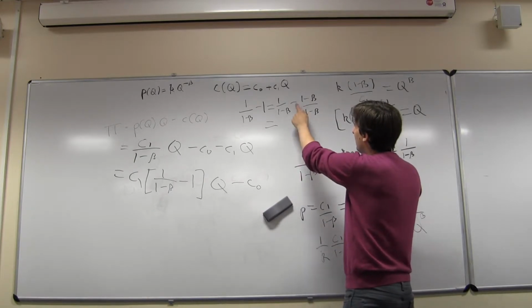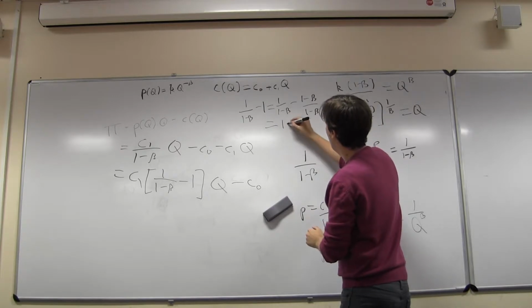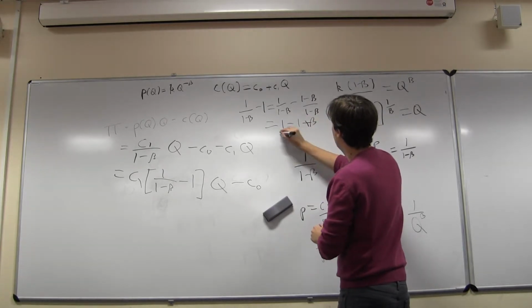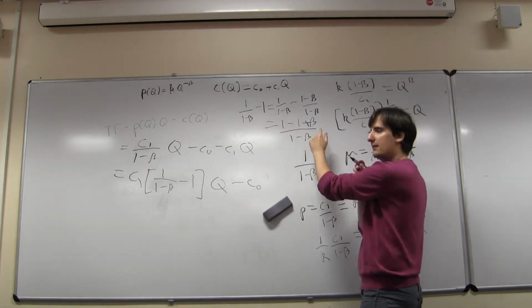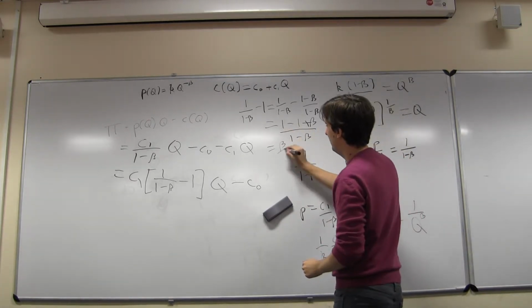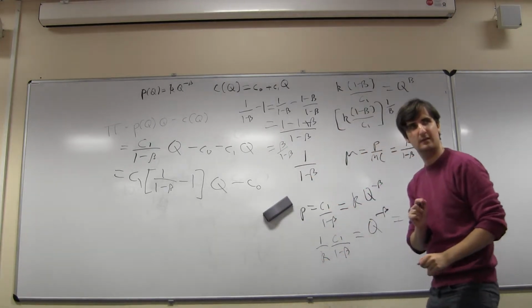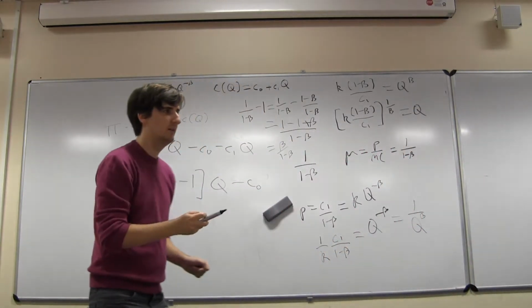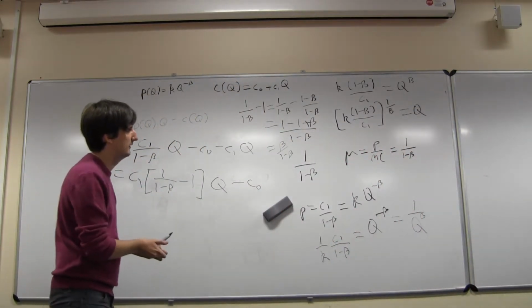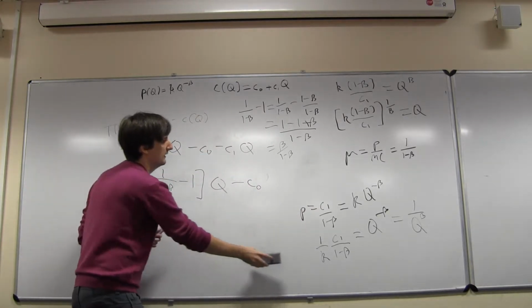What do we have here? Well, we can now put all of this into one fraction. So that's 1 minus 1 plus beta all over 1 minus beta. 1 minus 1 cancels. So that's beta over 1 minus beta. It's a bit messy, this board, I'm afraid.